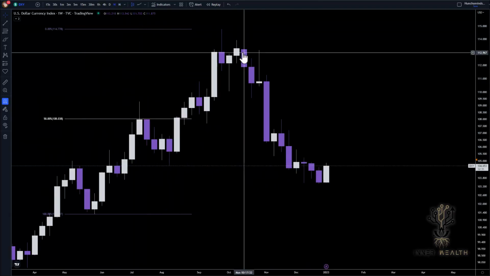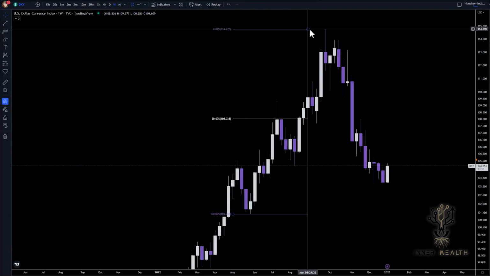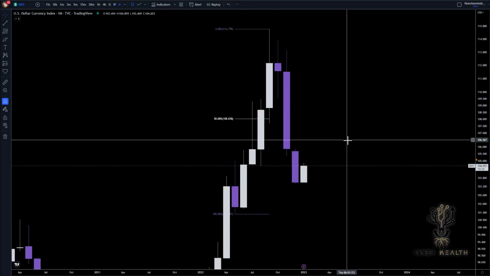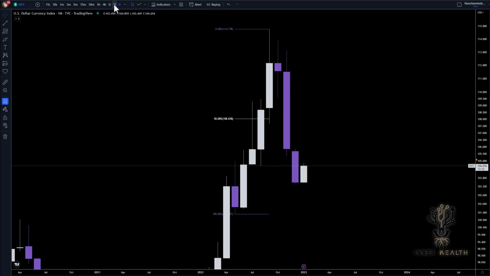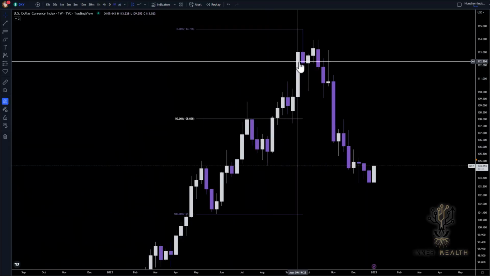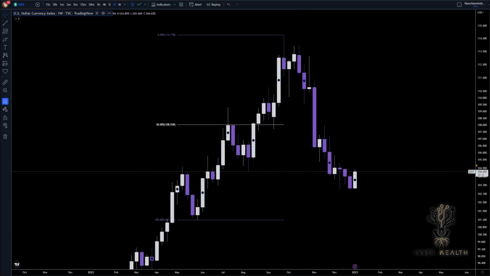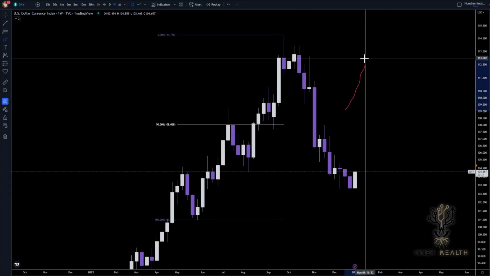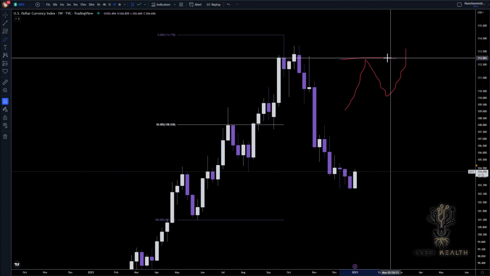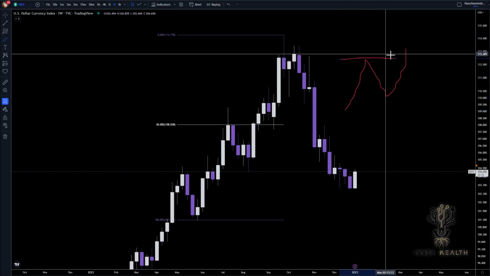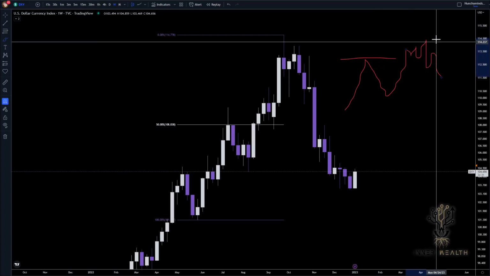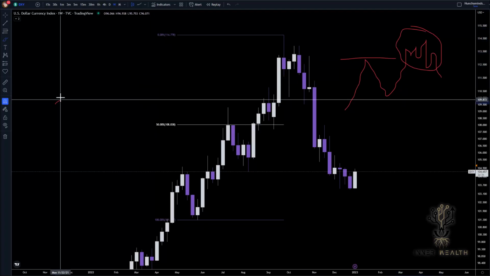The way that I identify my ranges is, let's say I'm looking for my range on the monthly. I'll drop down one time frame down. If I'm looking, let's say, for a bullish range, the moment that we come above the previous high and show signs of distribution like this, right?